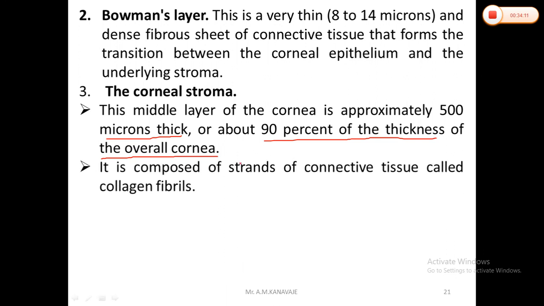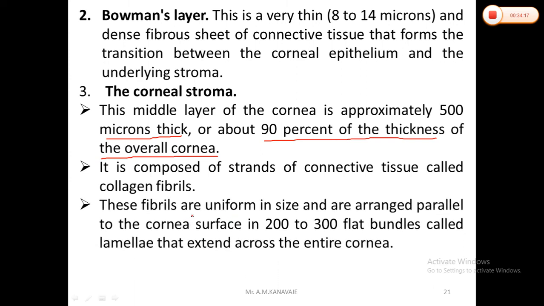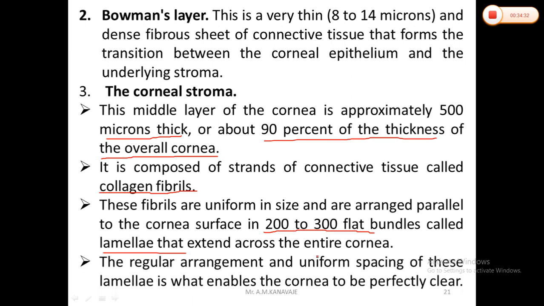It is composed of strands of connective tissue called collagen fibrils. These fibrils are uniform in size and are arranged parallel to the cornea surface in 200 to 300 flat bundles called lamellae, which extend across the entire cornea. The regular arrangement and uniform spacing of these lamellae is what enables the cornea to be perfectly clear.